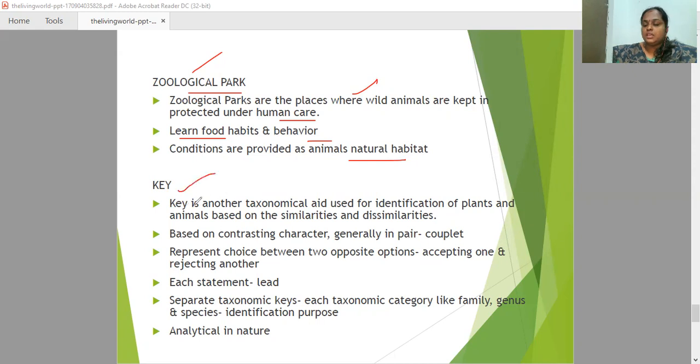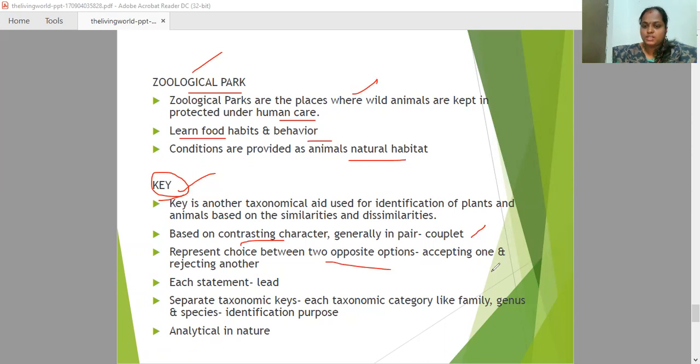Next is the term key. We should know the term key, very important. It is another taxonomical aid used for identification of plants and animals based on similarities and dissimilarities. Based on contrasting characters, generally in pairs, it is a couplet. Pair, right? So it is a couplet. It represents the choice between two opposite options. That is contrasting, right?